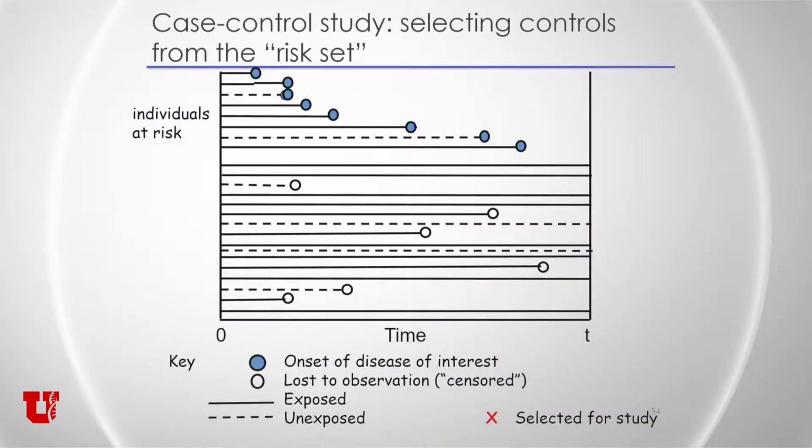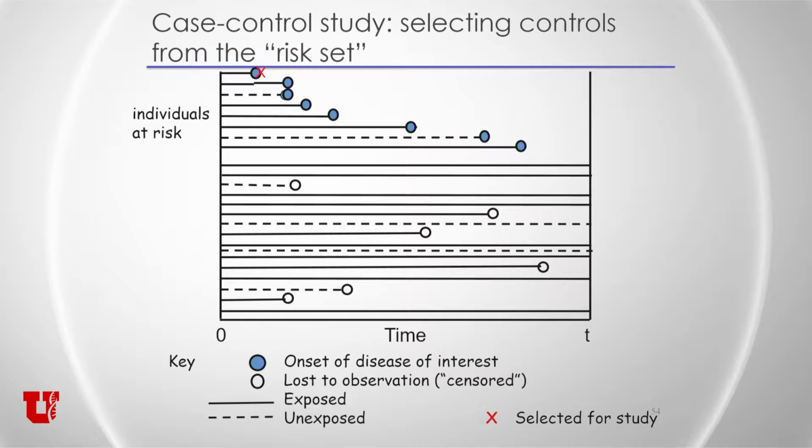So one way of doing that is what's sometimes referred to as risk set sampling. For every case that occurs, we're going to select one control from the risk set, the set of individuals who are at risk and members of the source cohort at the time that that case was diagnosed. So the first case is diagnosed at the very top after a very short time in the population at risk. So we need to sample one control who is in the cohort at the time that happened.